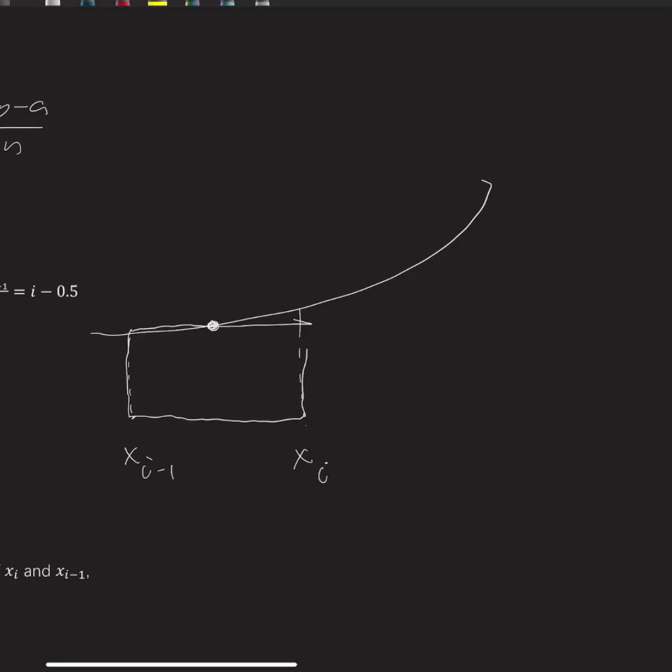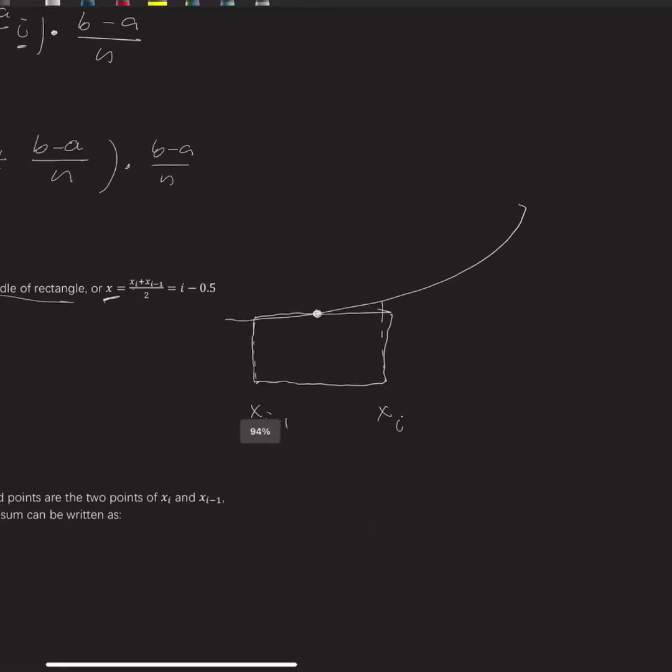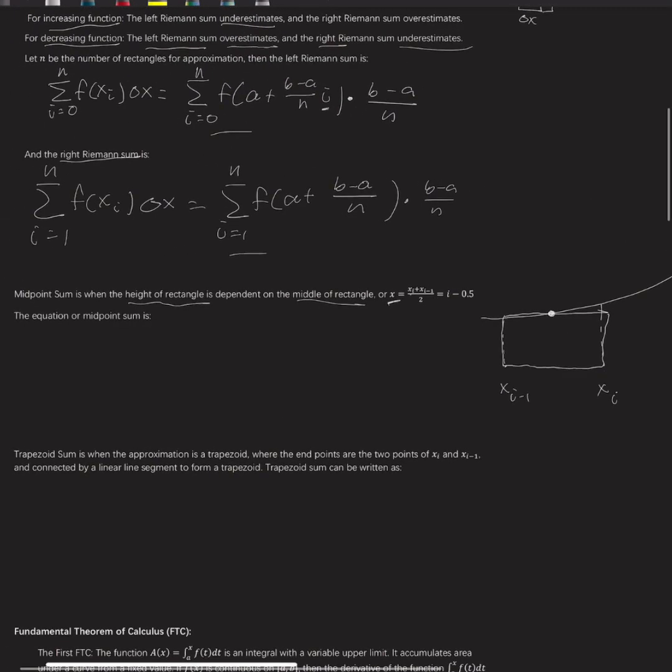What it means is that we have a curve like this, and this is x of i minus 1, and this is x of i. The midpoint sum uses the middle point here, right in the middle of the two. And the rectangle is something like this. It's usually more accurate than the left and right Riemann sums.